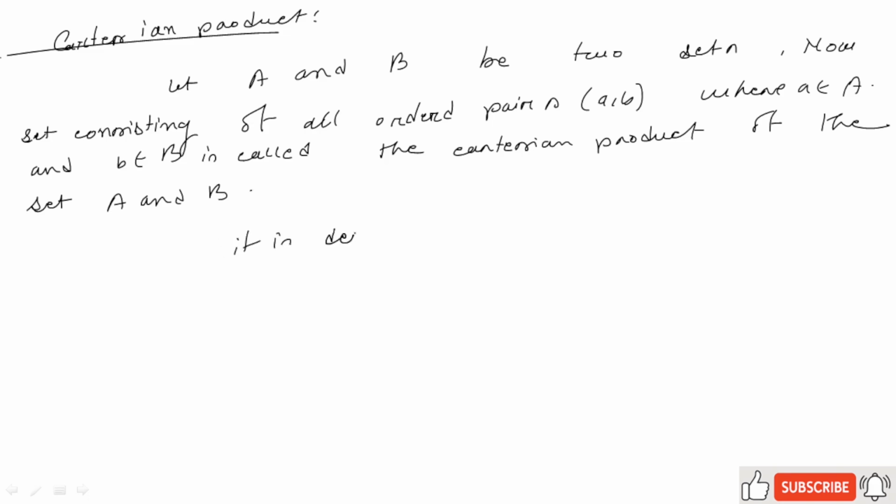It is denoted by A cross B. Let us take an example for understanding these definitions. Let us suppose A is equal to {a, b, c} and B is {1, 2}.